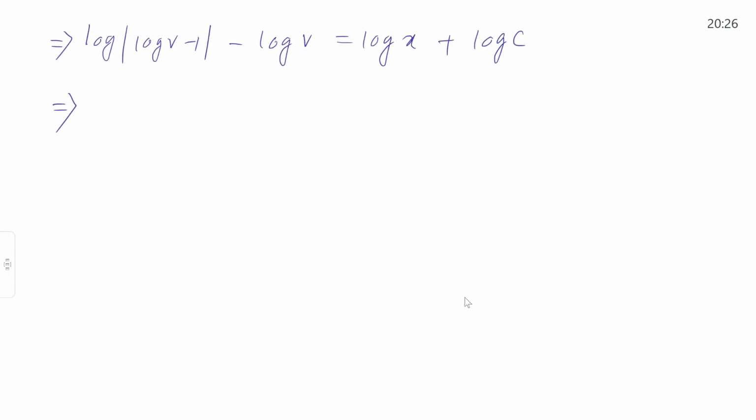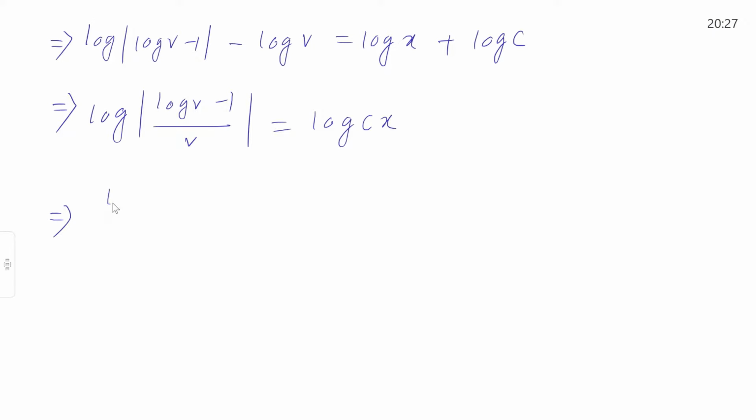This implies, logarithms are combined, that is log of numerator, log v minus 1 divided by v, is the left hand side and the right hand side is log of cx only.